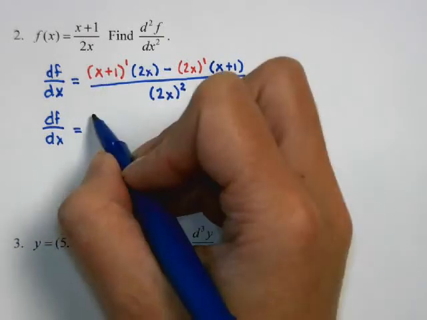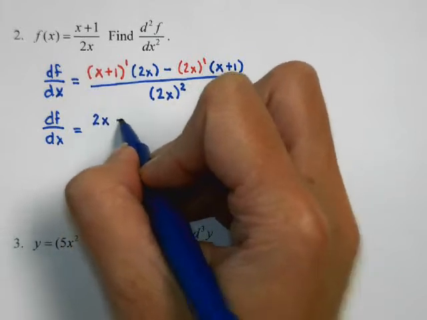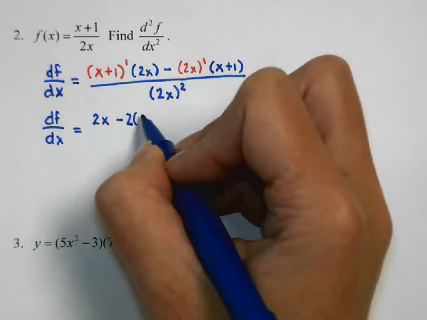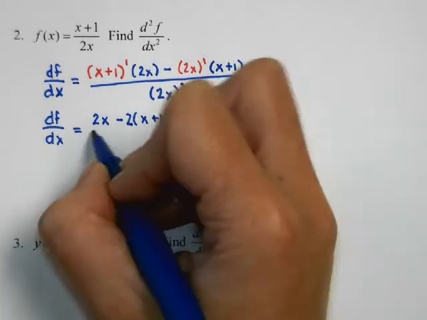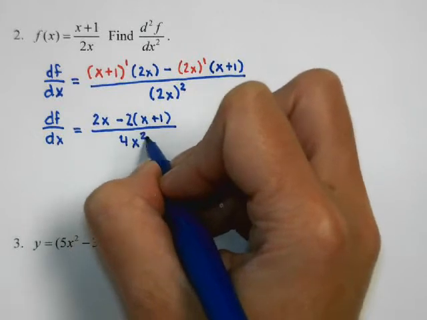So the derivative of x plus 1 is just 1 times 2x minus, this derivative is 2 times x plus 1, all over 4x squared.